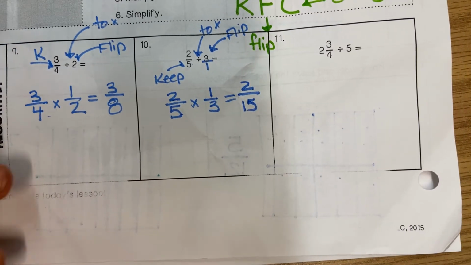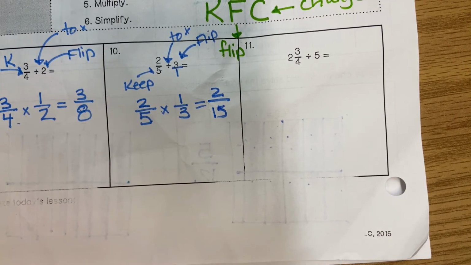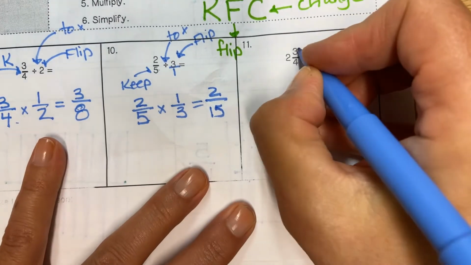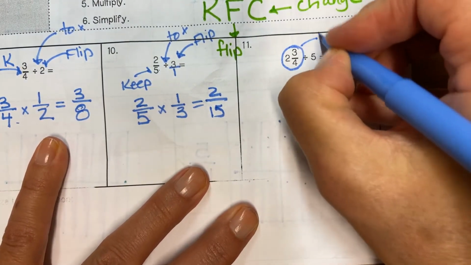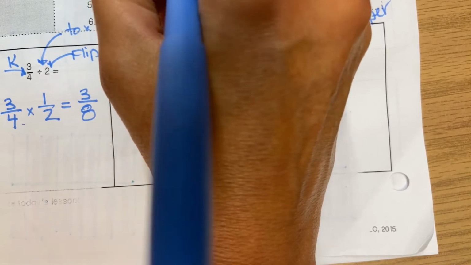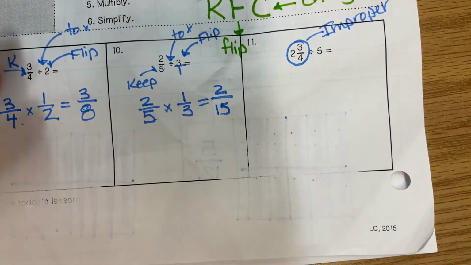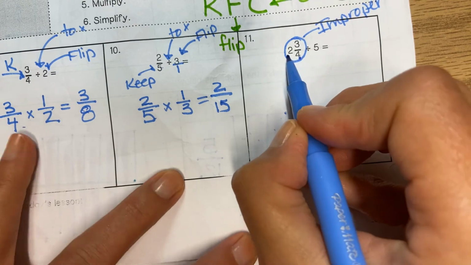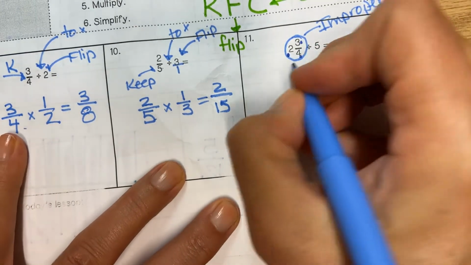Okay? All right, this last one we're going to do together. I have to change this to improper. Oh, that's what that word is supposed to be: rewrite the mixed fraction. So I would do 4 times 2 is 8, 8 plus 3 is 11.